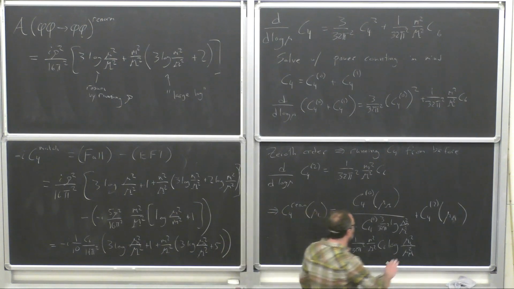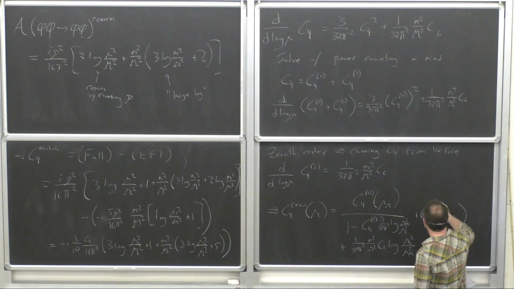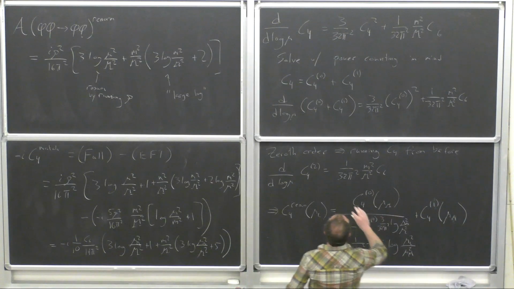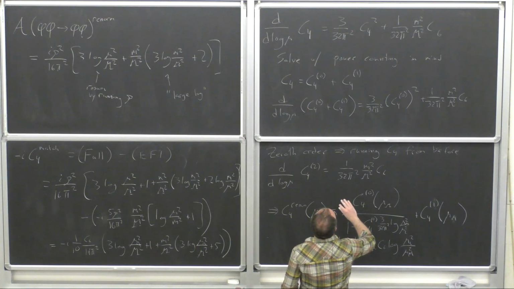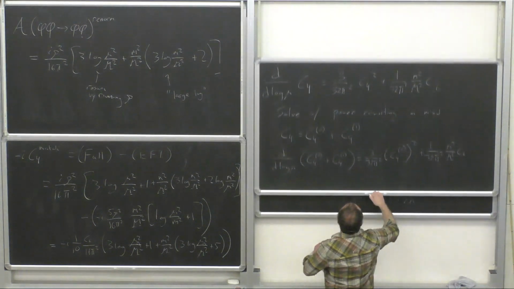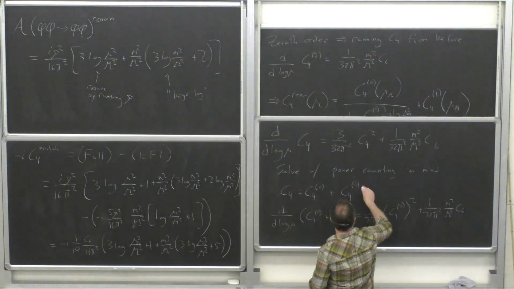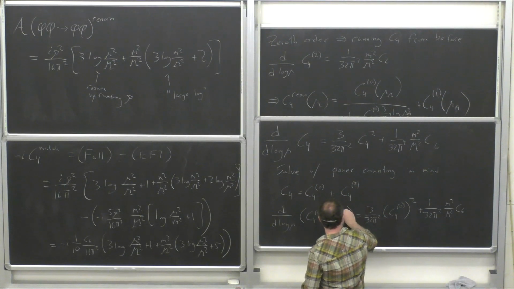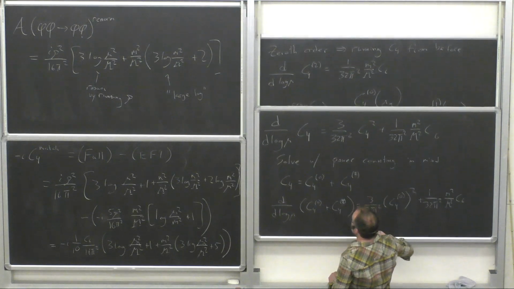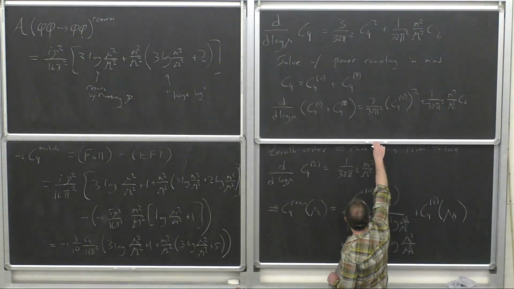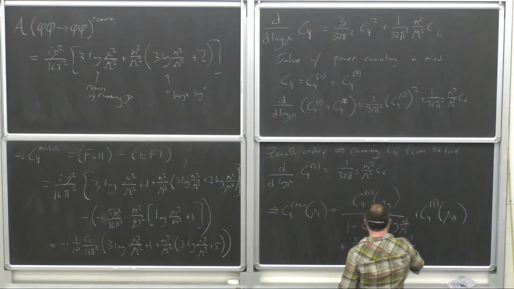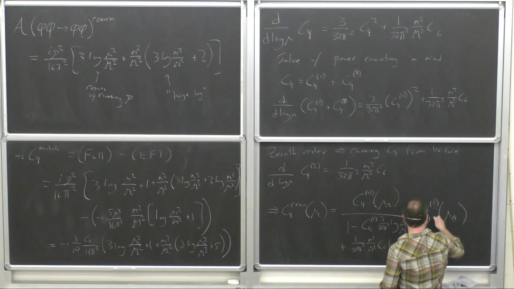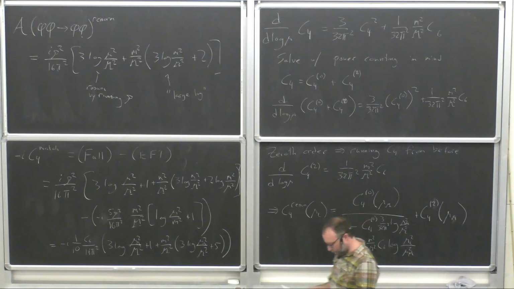Oh, 1. Yeah, 1. Thanks. Sorry, I was sloppy here. I think it is better to call this 2, because it's second order in lambda. Then these should be 2s. Good.